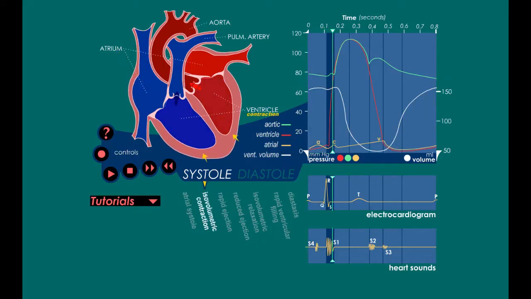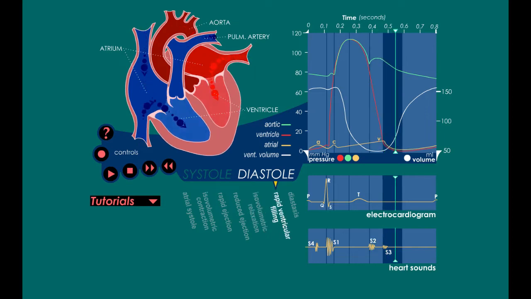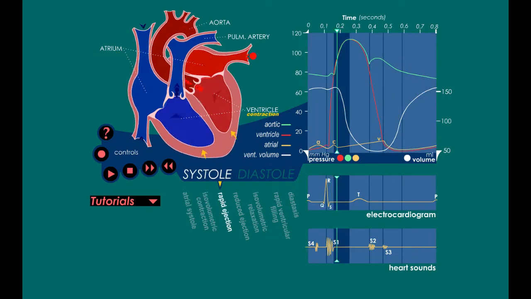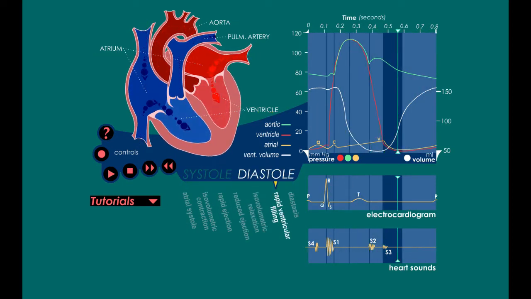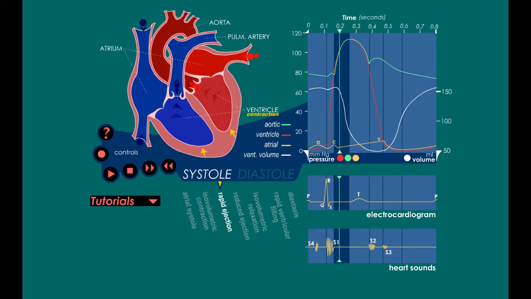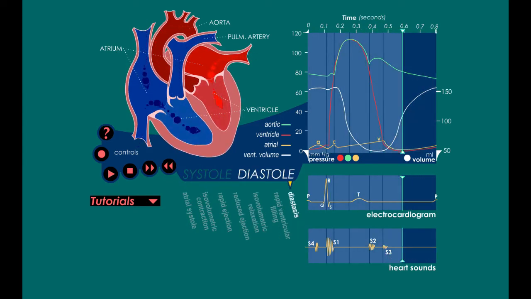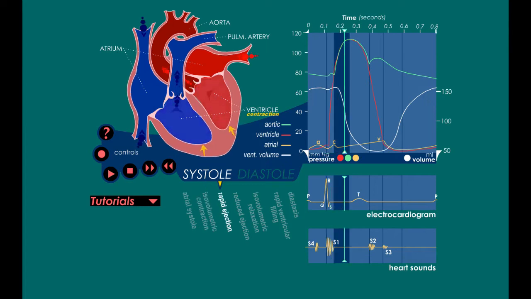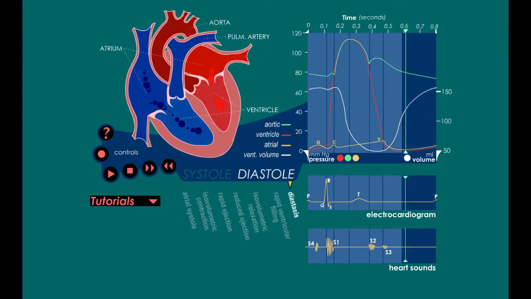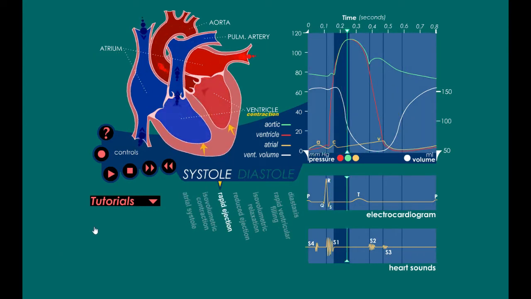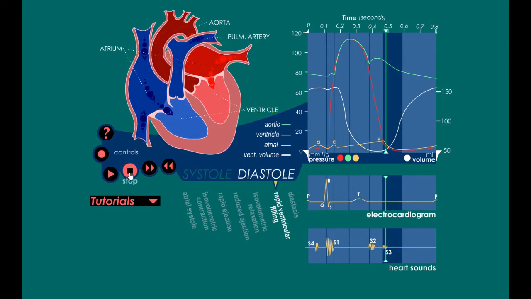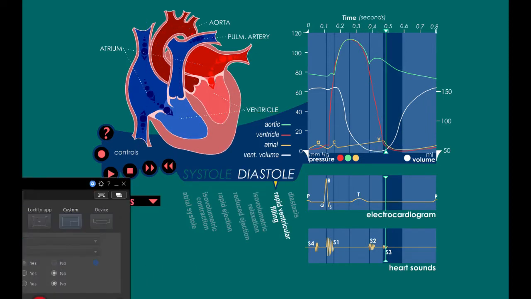We have normal EKG, normal pressures, normal heart sounds, and when the heart sounds occur, we also have the different phases of the heart, which we'll build on as we go along. We also have a visual representation of each of these things occurring. This is really helpful in aiding your understanding. So let's go ahead and take a closer look.